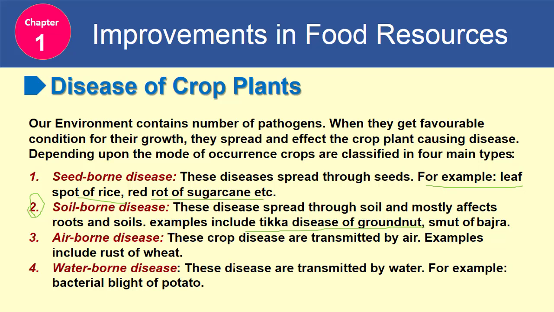Third is airborne disease. These diseases are transmitted by air from one yield to another and the examples include rust of wheat. Fourth is waterborne disease. These diseases are transmitted by water and the examples include bacterial blight of potato.